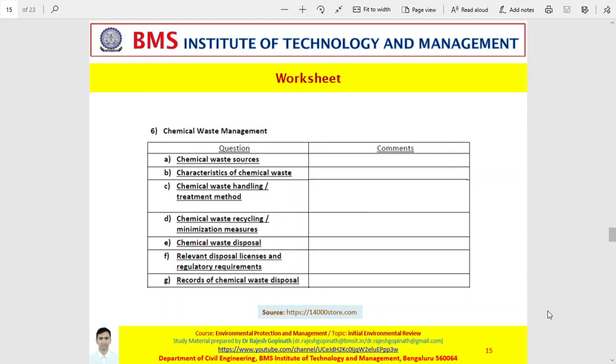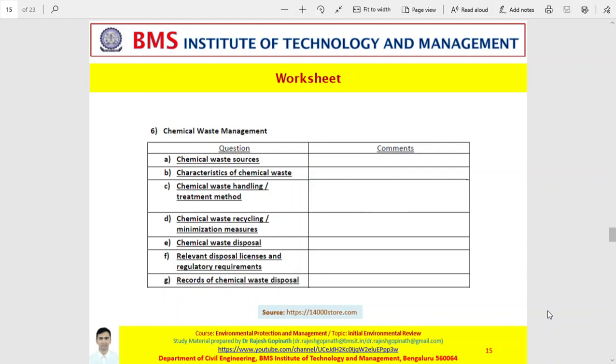And yes, what are the licenses that the company has secured or procured to carry out disposal of chemical waste or handle chemical waste? That also needs to be provided in this worksheet in this part 6. Also, all legislations or acts that are related to chemical waste management should be mentioned here.